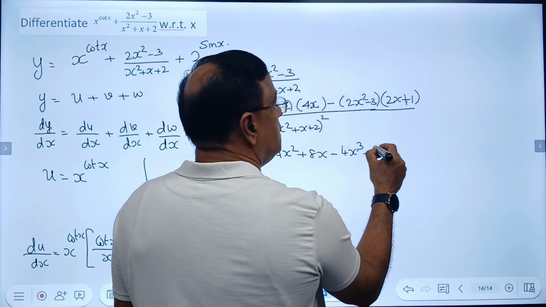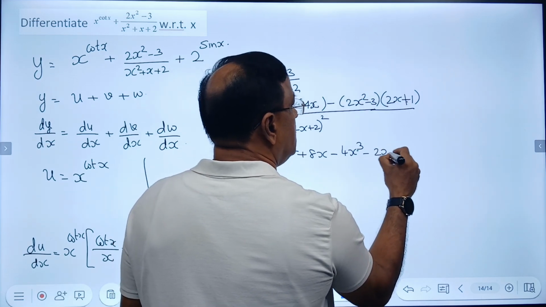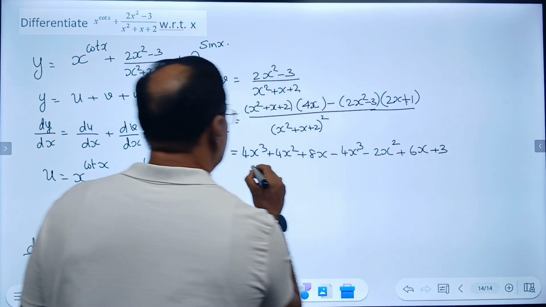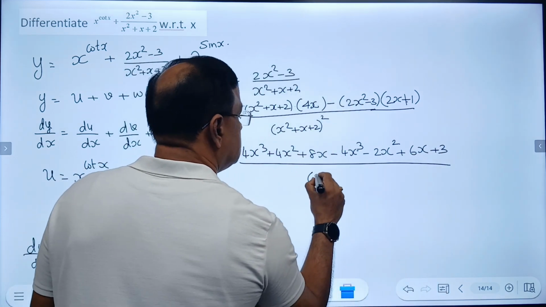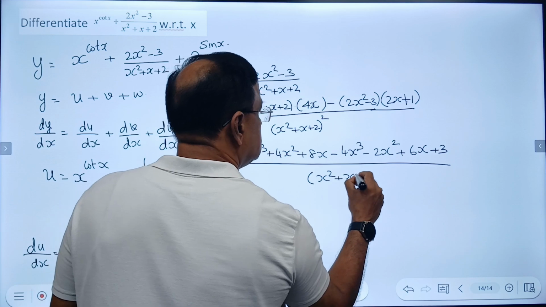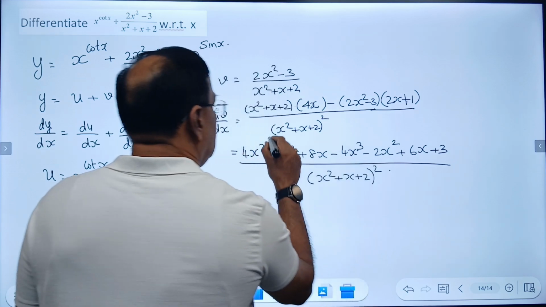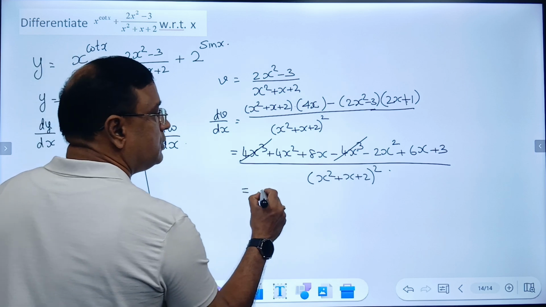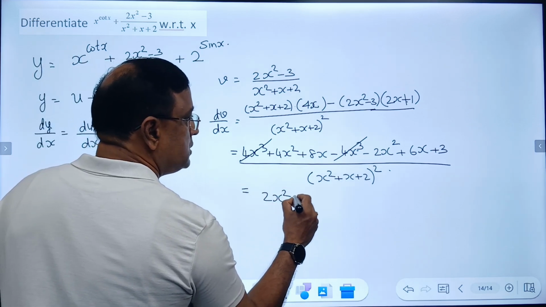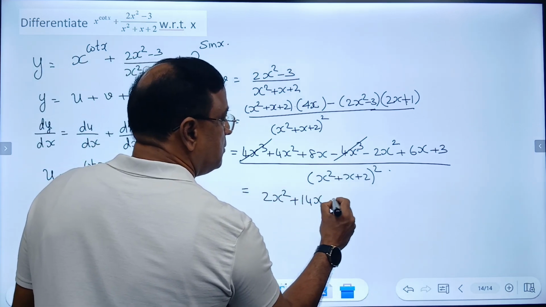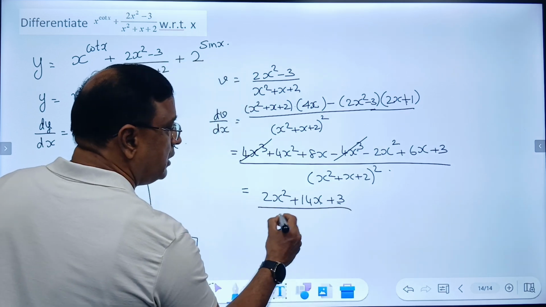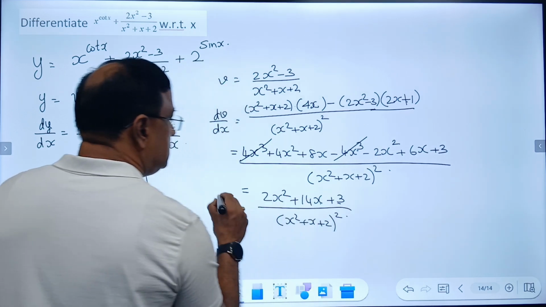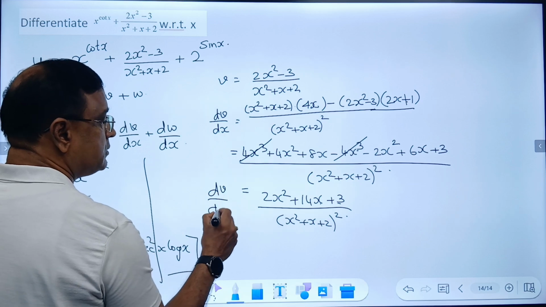This is minus 2x square plus 6x plus 3. If there is any calculation mistake, just change it. 4x cube and 4x cube cancels. So what you are left with? You are left with 2x square plus 14x plus 3 divided by x square plus x plus 2 the whole square. This is my dv by dx.